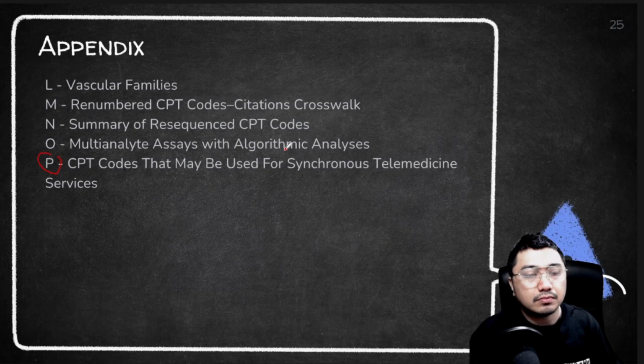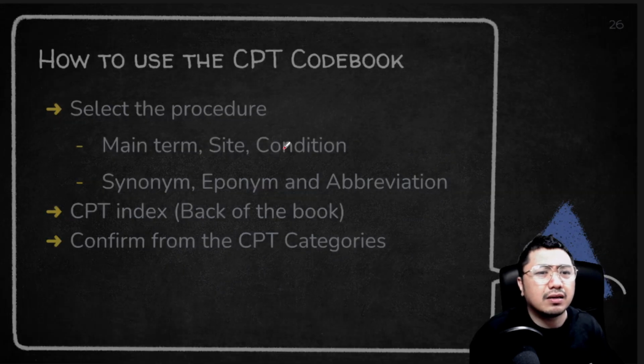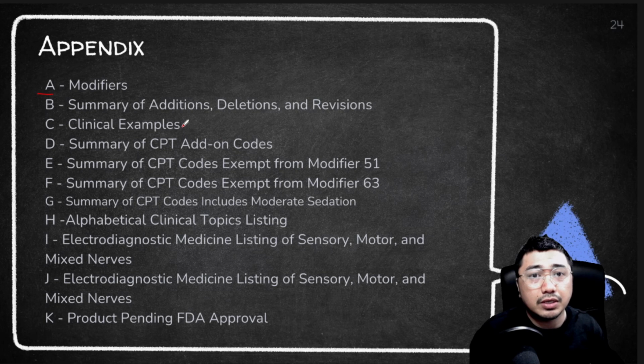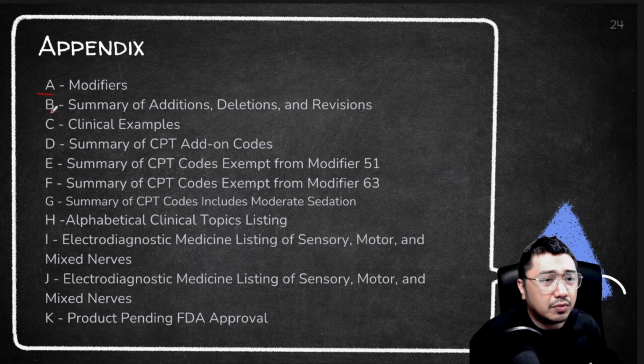I'll just give you the most important appendices that you should try to read. It's very important to read these appendices because they are mostly part of your exam as well.